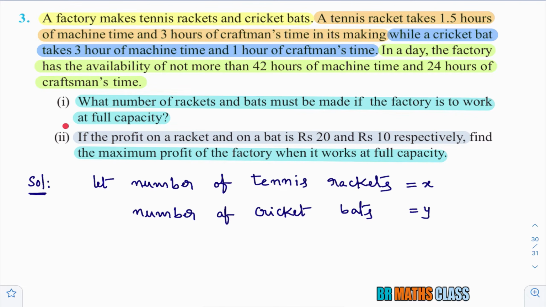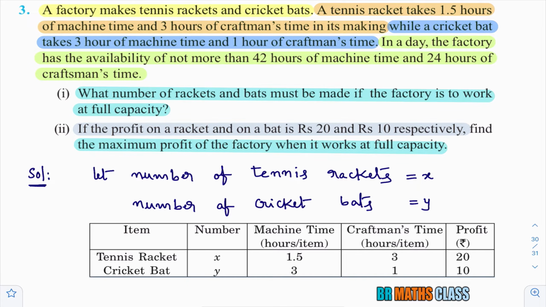You observe in the second bit, they mention that the profit on a racket and a bat is 20 and 10 respectively. That means they'll make a profit of rupees 20 on a tennis racket and a profit of rupees 10 on a cricket bat. This also I'll include in the table. So whatever given data is there, we'll write in table form now.